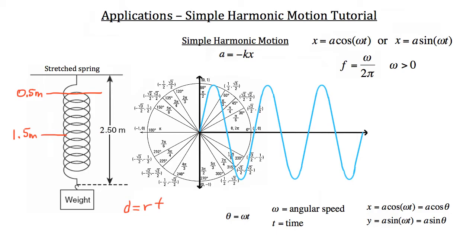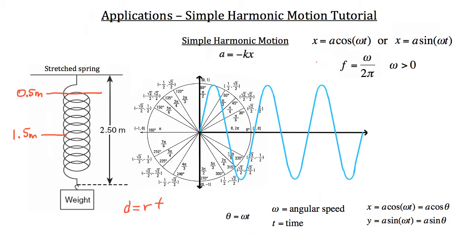Now if you wanted to calculate exactly where you were on the unit circle as you were going around for this simple harmonic motion, you could go ahead and take a times cosine of omega t, or a times cosine theta, to solve for your x-coordinate, and you could use a times the sine of omega t, or a times the sine of theta, for your y-coordinate, because as we know, omega t is theta.